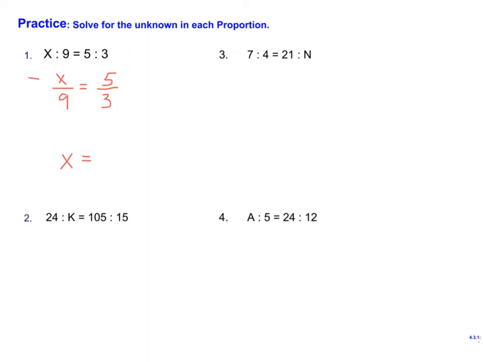See, x is almost all alone on this side already. The only thing that is bothering the x is this 9 right here. So if I wanted to bring 9 to the other side, all I have to do is instead of x divided by 9, you do the opposite operation, which is multiply. So cross multiplying the 5, okay? Just like we did a second ago. Now, let me just say this.